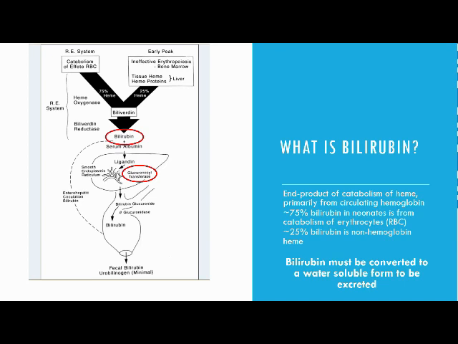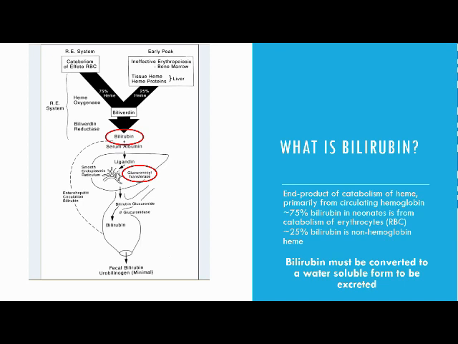So it meets up with UGT and also this ligandin, which is a bilirubin binding protein in the hepatocyte. So in a liver cell, there is this bilirubin binding protein ligandin and this enzyme UGT. The enzyme conjugates bilirubin, so it's really important. So I have it circled again.